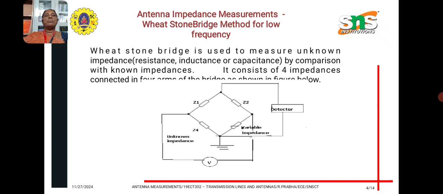This Wheatstone bridge consists of 4 impedances connected in 4 arms, and the make of the bridge is as in the diagram. Here Z1, Z2 are the impedances, Z4 is the unknown impedance, and the variable impedance is Z3.